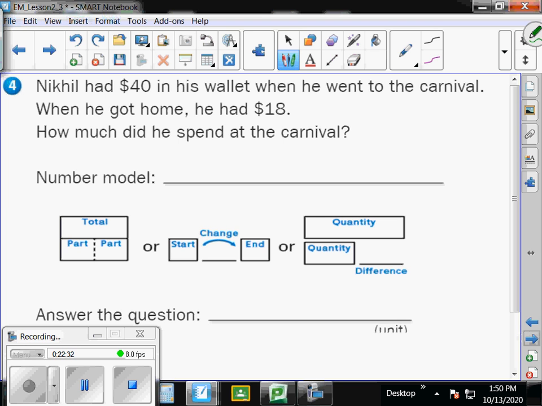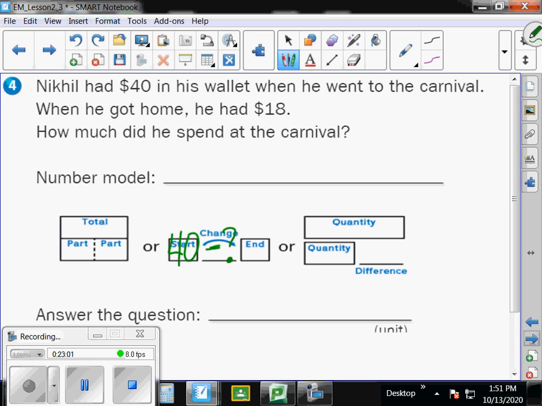It says Nikhil had $40 in his wallet when he went to the carnival. When he got home, he had $18. Well, how much did he spend at the carnival? Again, he had money. Something happened to it. What does he end with? So he had $40. And then when he went to the carnival, what happens when you go to the carnival? You're spending money, right? Does it say how much money he spent? It doesn't.